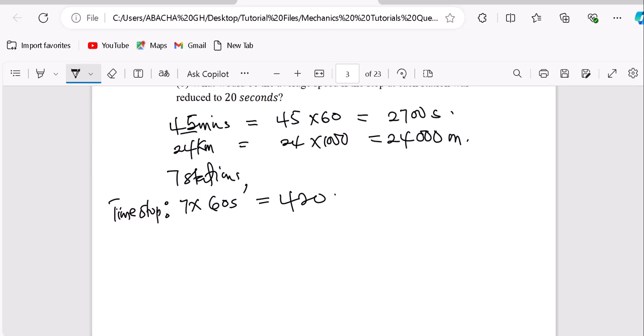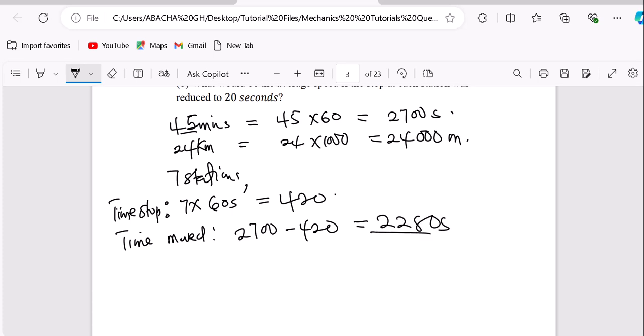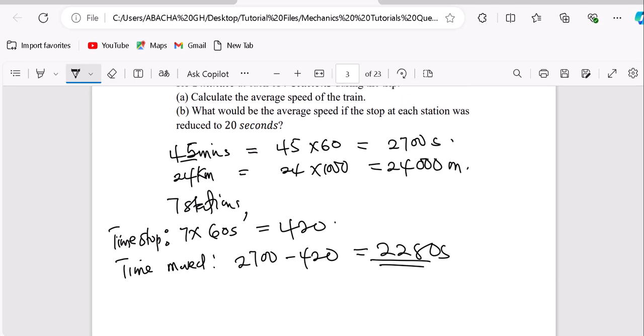So the time moved is 2700 minus 420, and you get 2280 seconds. This is the time it was in motion.